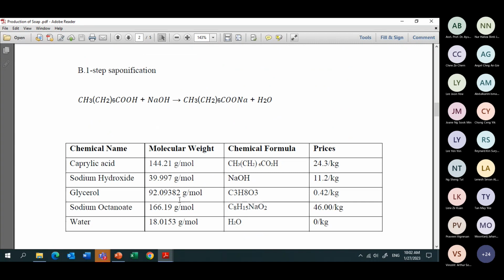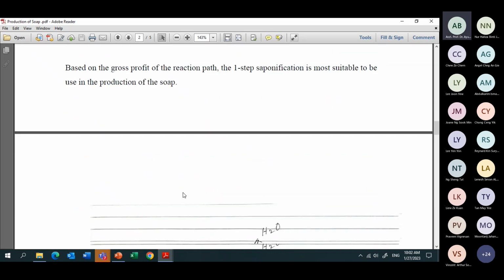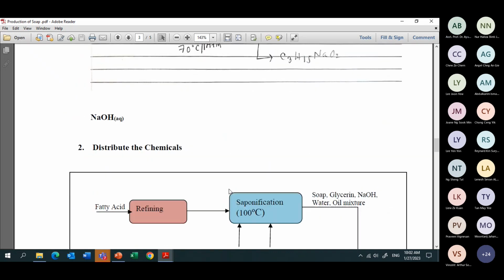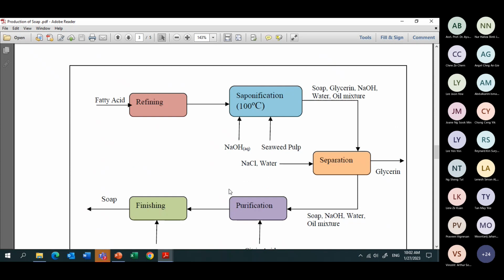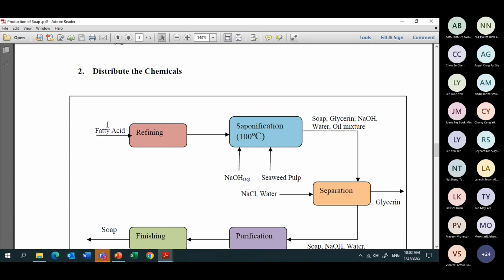Okay. Question 1. Okay. But here there's no caprylic acid involved.